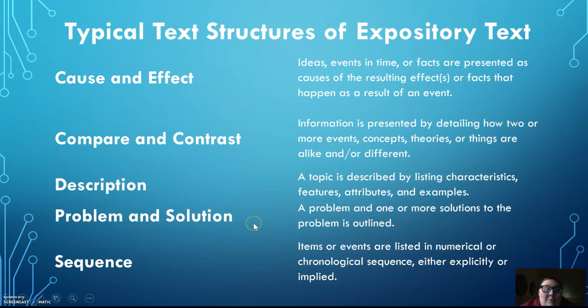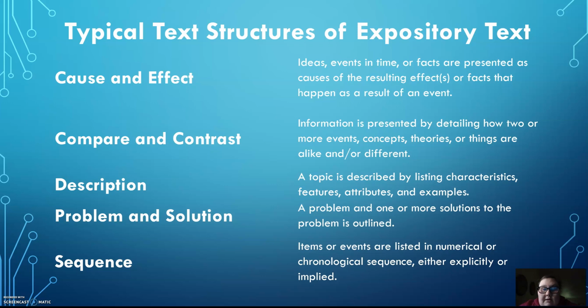The next one is problem and solution. So within the text, they present a problem. This might be a lot of research papers maybe will start out talking about a problem and present solutions, some like scientific research papers, stuff like that. But just think about how in your own life, I know you've probably learned some problem-solving techniques for your own life.